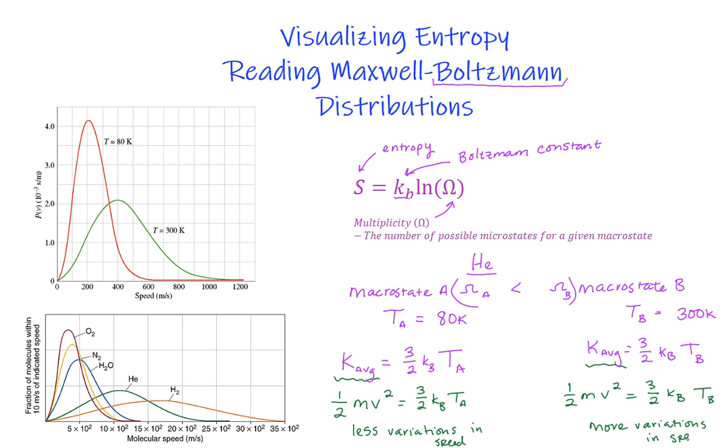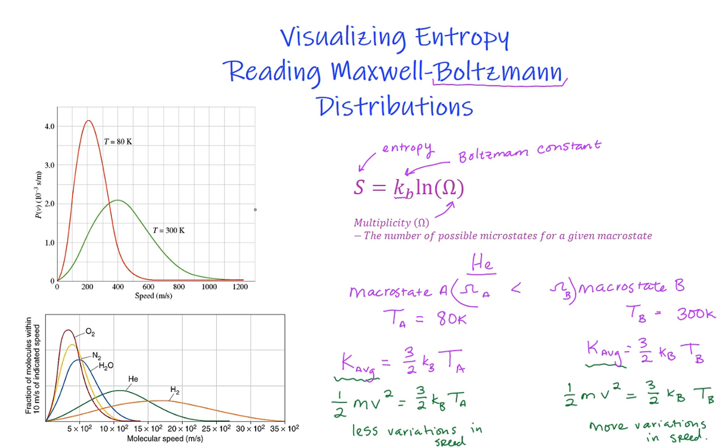And that's going to be what's most important in learning to visualize what the entropy looks like. So essentially what we're saying here is that the entropy at temperature B is greater than the entropy at temperature A because the multiplicity at macrostate B or temperature B is greater than the multiplicity at macrostate A.